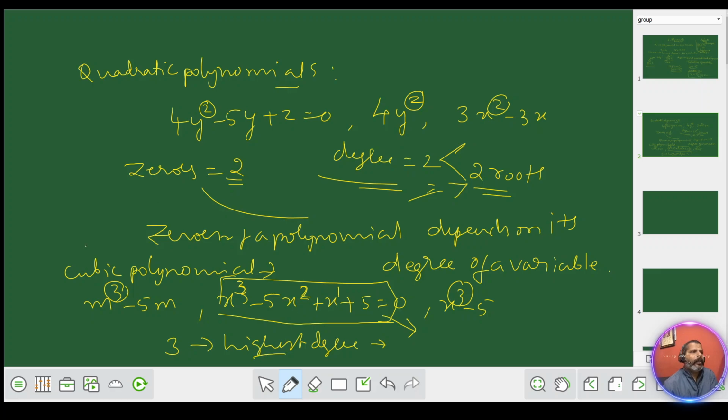So basically, when you're finding the type of polynomial, it depends only on the highest degree of the polynomial. Okay, let's see the degree of a polynomial.